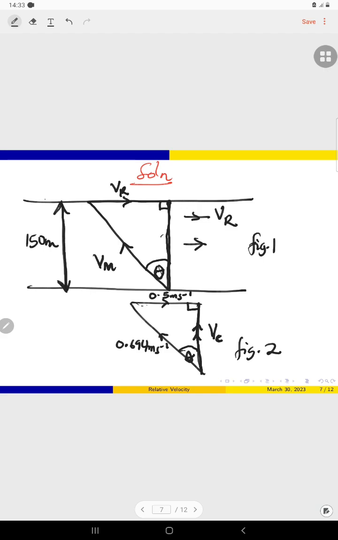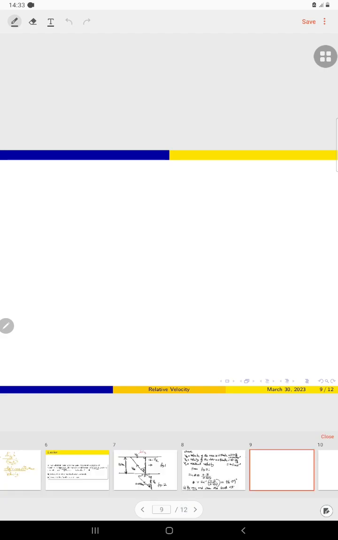The width is the distance. So you see, this diagram is talking about velocity. But when you transfer this to here, it becomes displacement or distance. So it's like finding this. If you find VC, you will know velocity and you will know this distance or displacement.